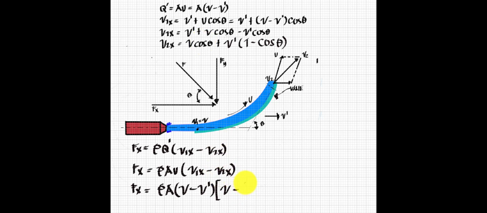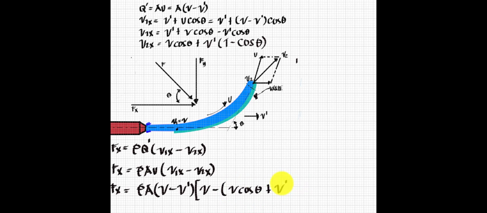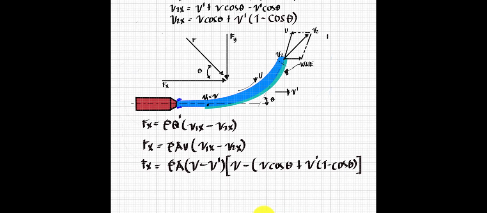So that will be v cosine of theta, that will be v1, so this is the velocity of the jet, then velocity of the vane, we multiply by 1 minus your cosine of theta. So that closes the parenthesis.